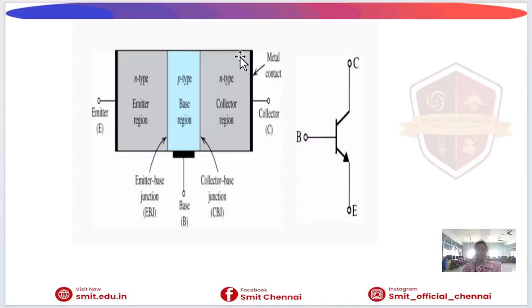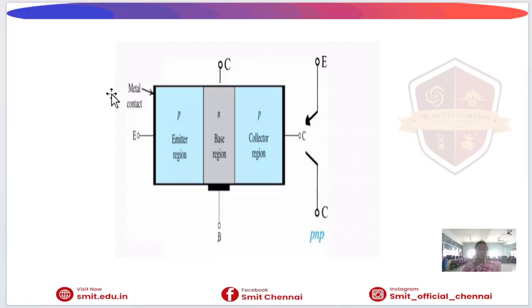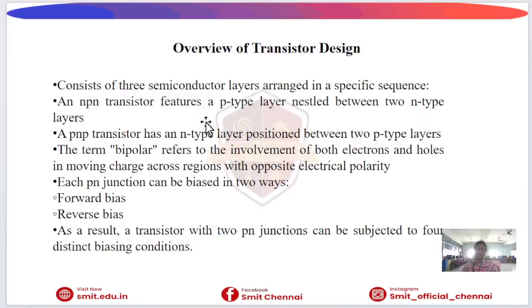In an NPN transistor, the emitter is N type, the base is P type, and the collector is N type. For PNP, P is the emitter region, N is the base region, and P is the collector region. These are the structures of PNP and NPN, so observe the diagrams carefully.